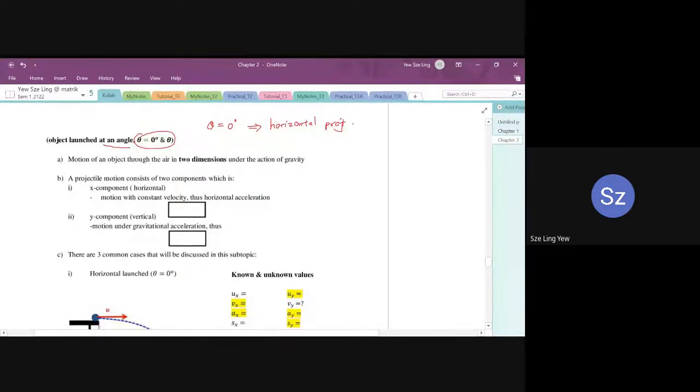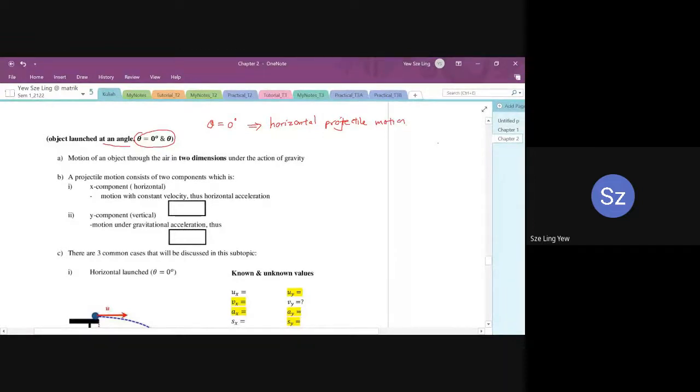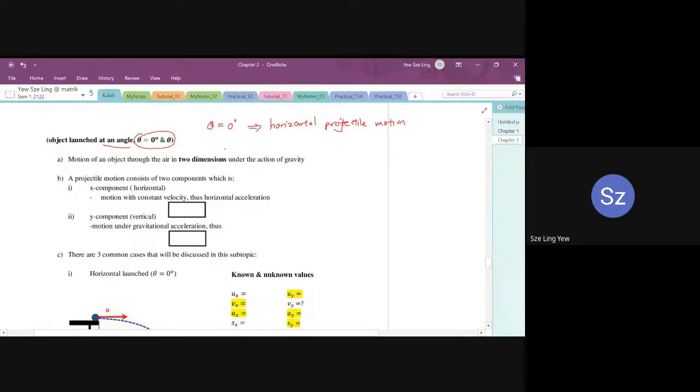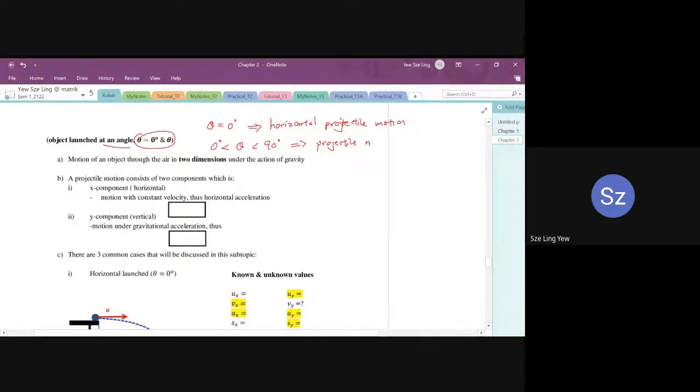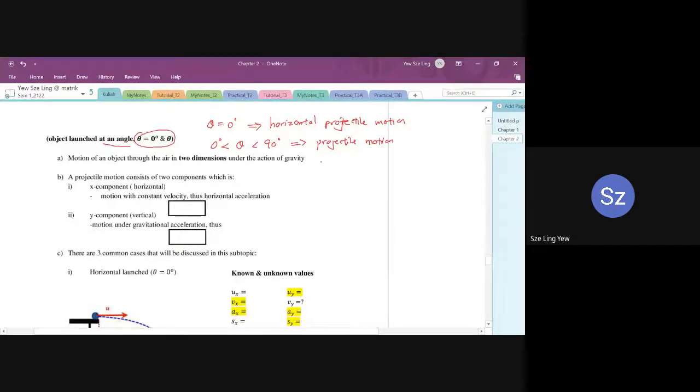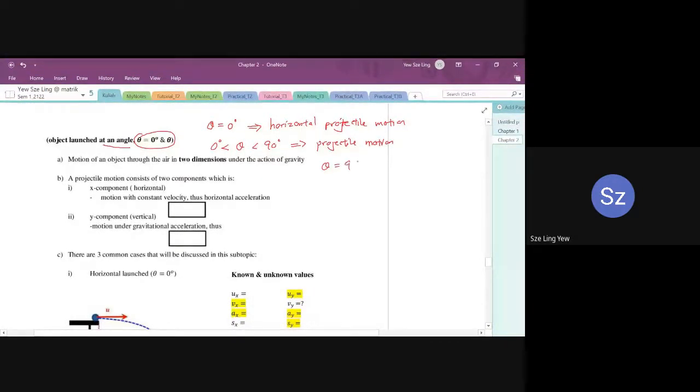If it is 90 degree, then that is free fall motion. If the angle is between 0 degree and 90 degree, then we just call it projectile motion, and that is what we call being launched at an angle. So if theta is equal to 90 degree, then we say it's free fall motion.